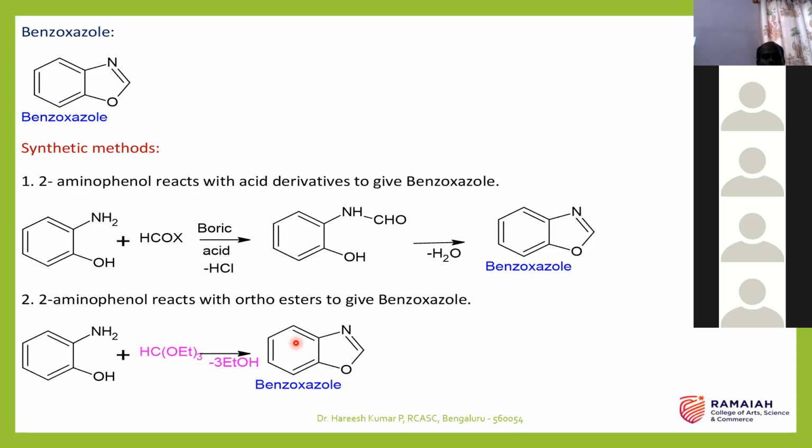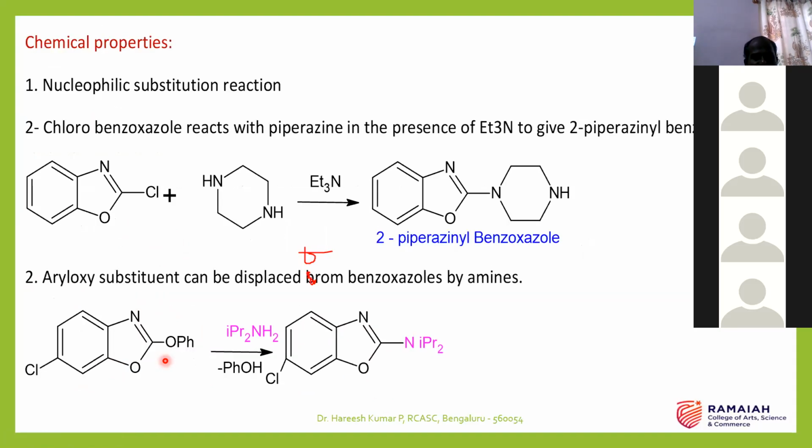So these are the two methods of preparation of benzoxazole. Starting with one reactant that is the same, but the other reactants are different. In one reaction, acid chloride is used; in another one, orthoformate is used. So this is about the preparation. With this, I will go to the next slide.